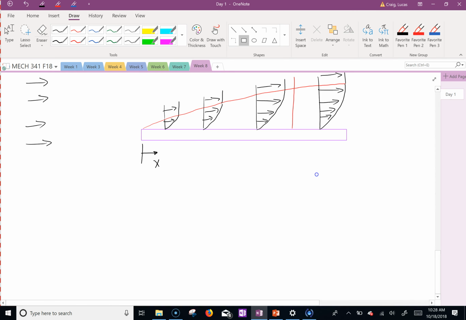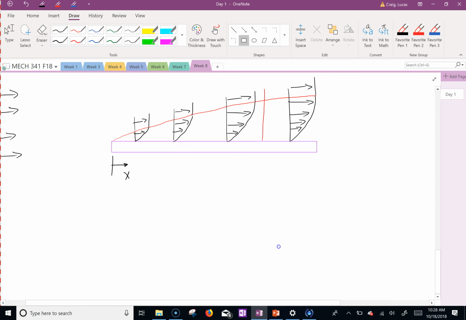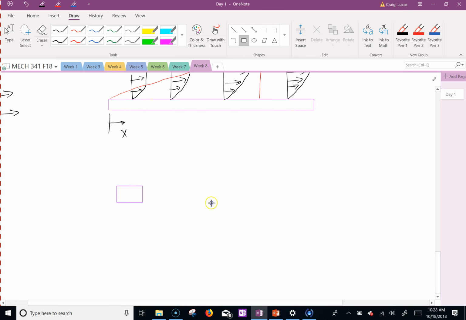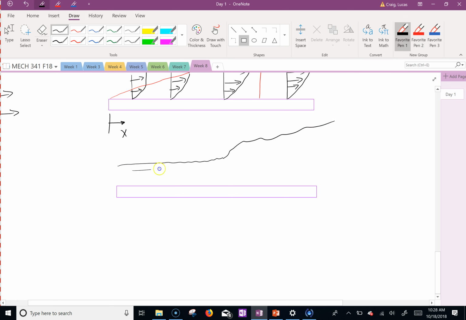And sometimes, and I'll redraw this down here, sometimes you have nice flow, and then the boundary layer becomes too large, and it kind of just slows right down, and then all of a sudden you get these reverse flows.